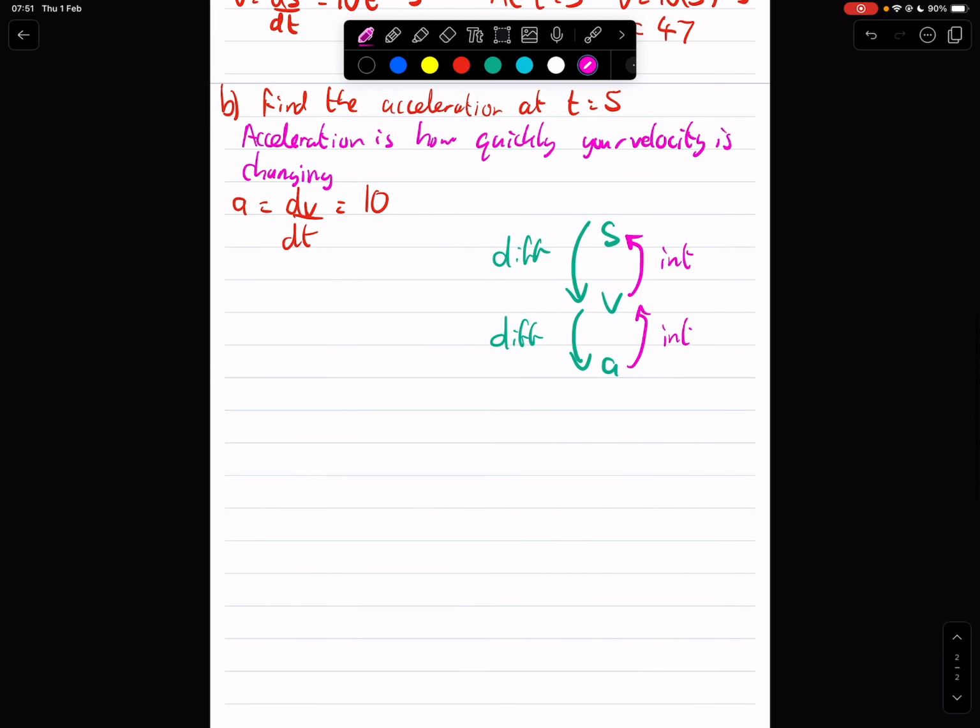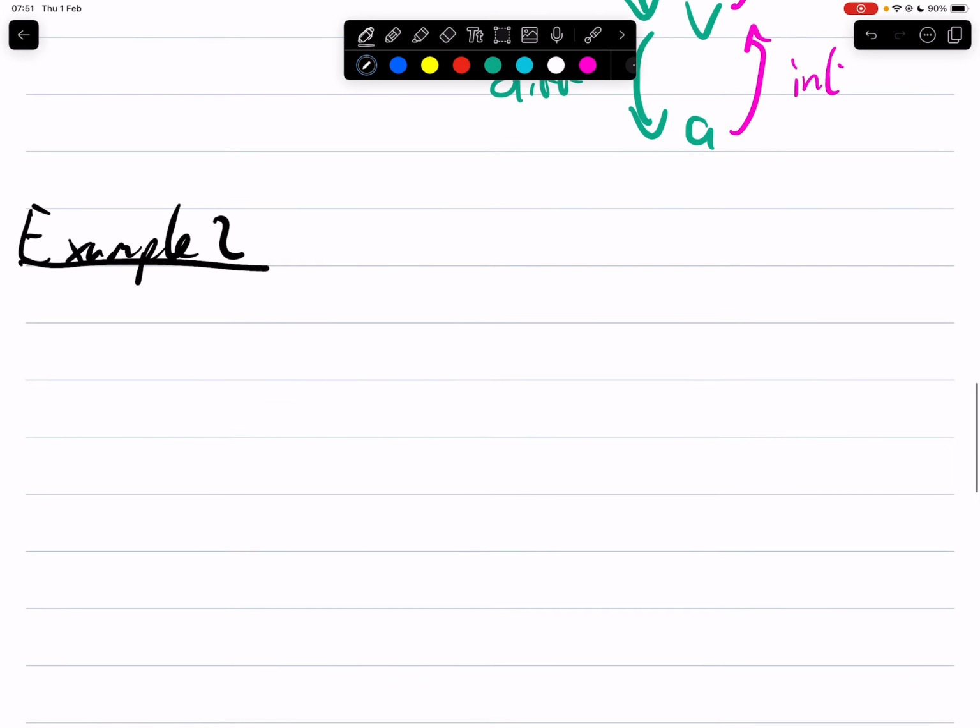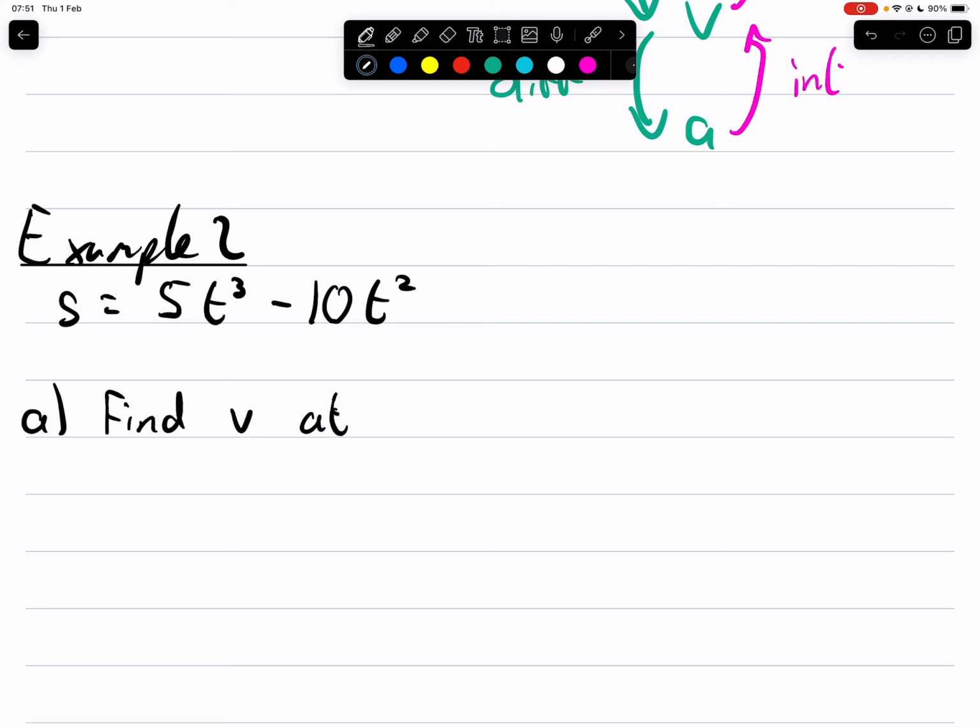So let me do one more example. Example 2. Okay, so S equals 5t cubed minus 10t squared. A, find the velocity at t equals 4.